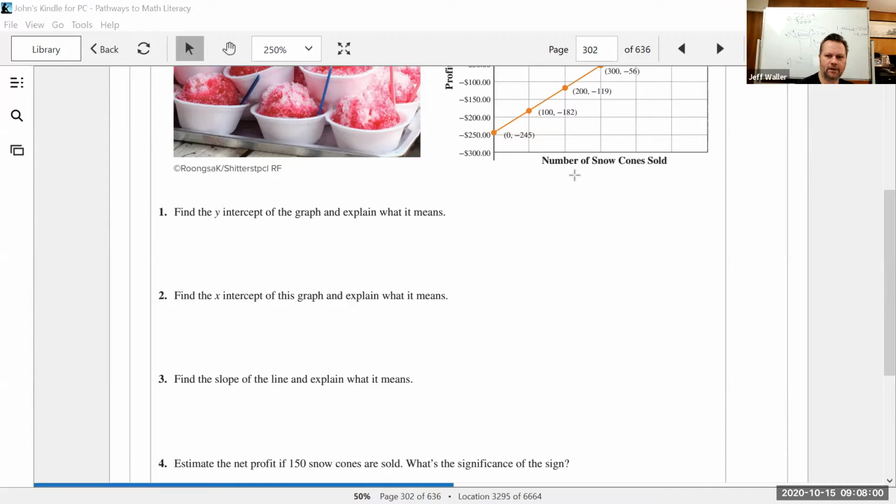All right, so let me do it even better this time. Now let's see if I can remember what I did here. So I think it was there and there.